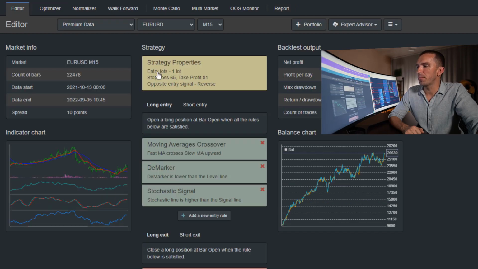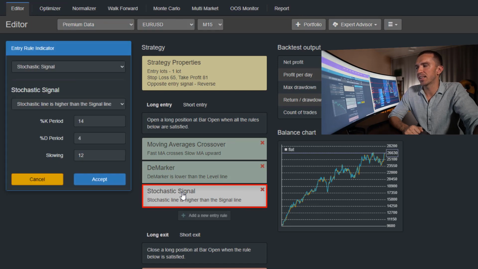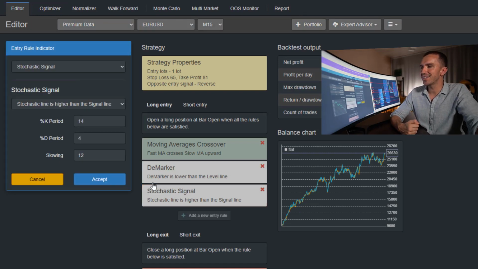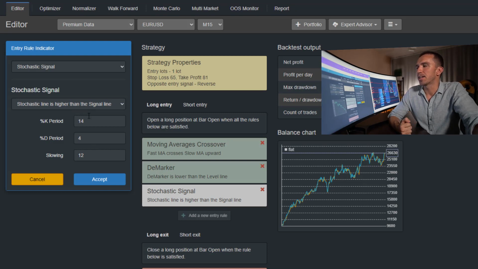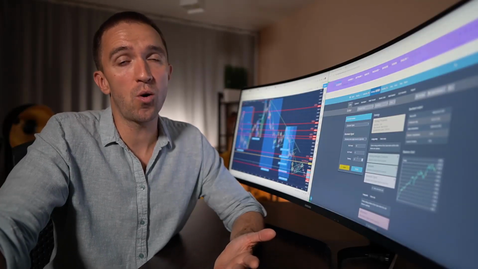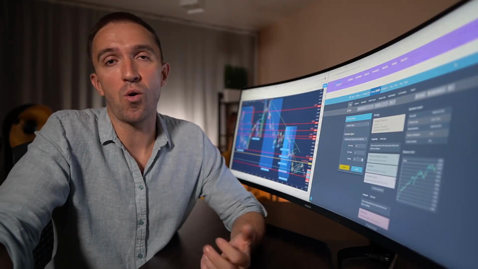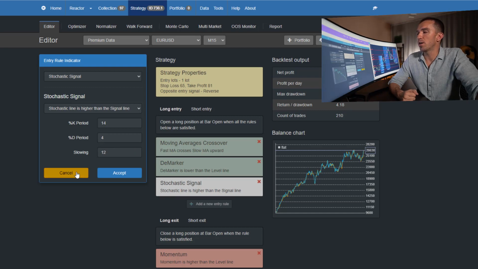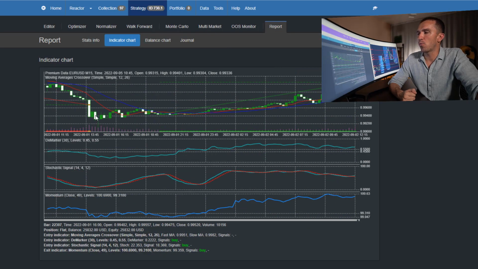The other confirmation comes from the stochastic signal, and we need to see the stochastic line being higher than the signal line. K period 14, D period 4, and slowing 12. As I always like to say, take notes or just watch the video over and over again. So if we want to buy one more time, we need to see the fast moving average crossing the slow moving average upwards.